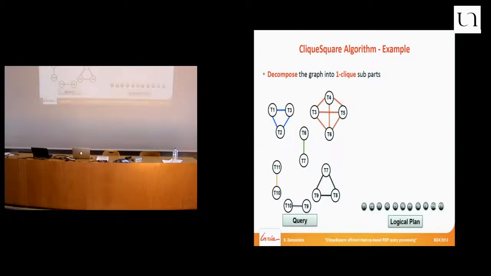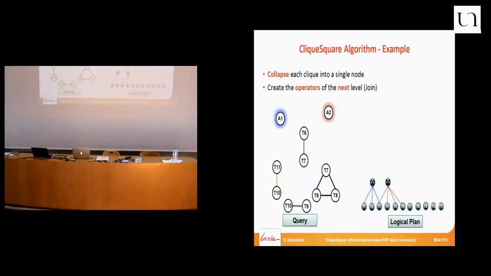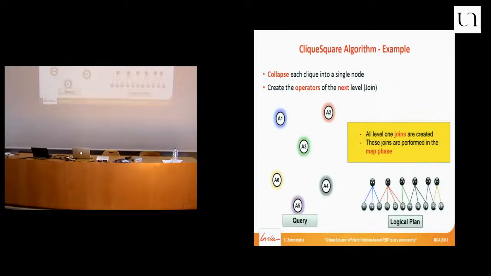As we said, we decompose the graph into one-clique subparts, and then we collapse each clique into a single node on the new graph. And this will correspond to join operators. So we can perform the joins on the blue variable, red variable, black variable, and so on. At this level, this first level of joins will be performed in the map phase of a MapReduce job.